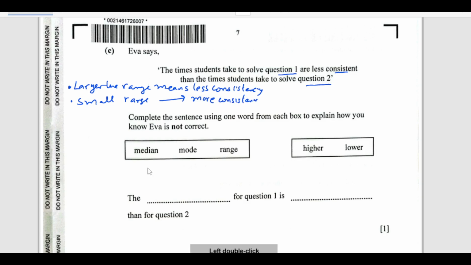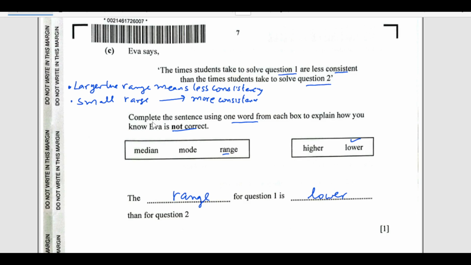So if the question is the dash for question 1 is dash for question 2, we will write down here the range for question 1 is lower. Sorry, her statement is not correct actually, I did not read the full question. Complete the sentence using one word from each box to explain how you know that Eva is not correct.